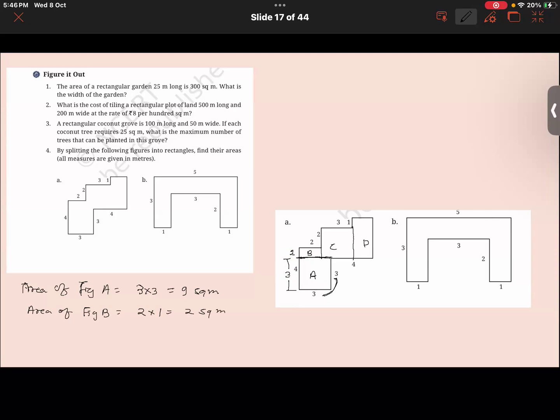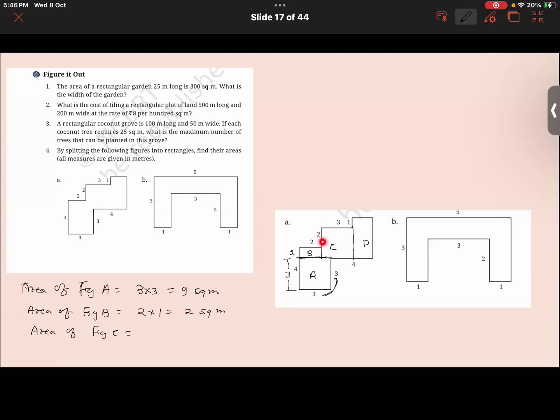Now you tell me what about the area of figure C? 2 at the left, 3 at the top. You need only 2 sides, no? 3 meter is given here. We need to know the length of this side, right? So this side is same as this side.